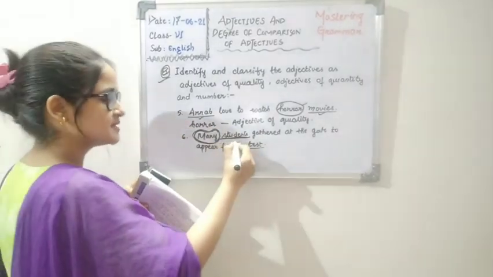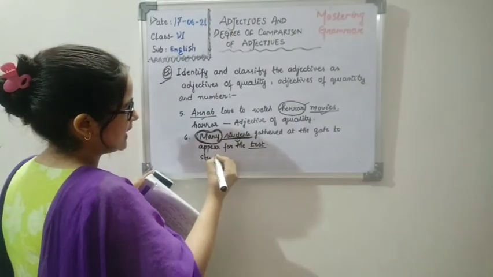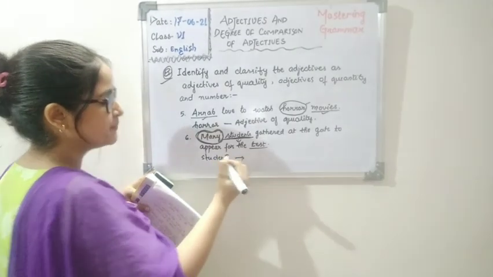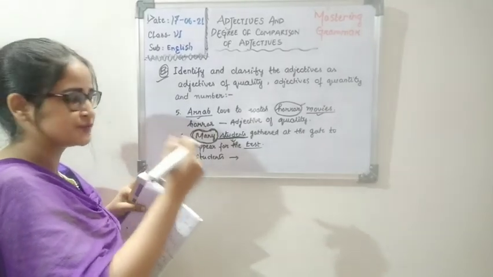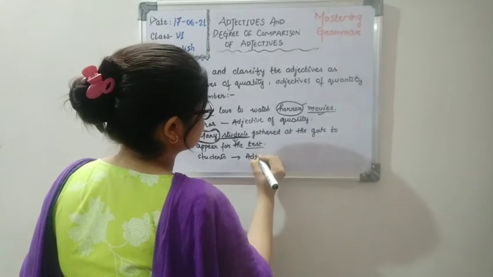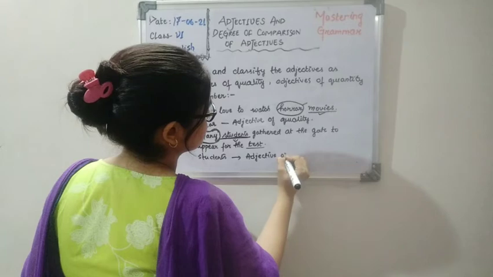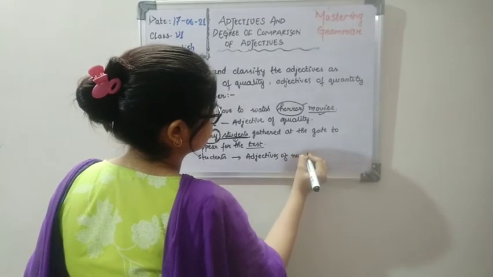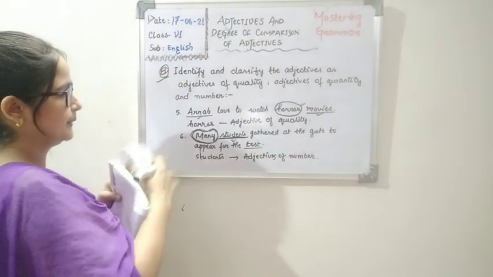Because students is a countable noun, and for countable nouns, when we want to show the number, we use adjectives of number. So this one, many, is an adjective of number for countable nouns. Clear? Now let's move to the 7th one.